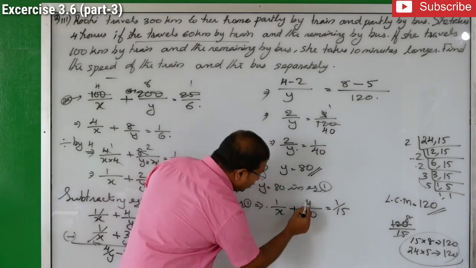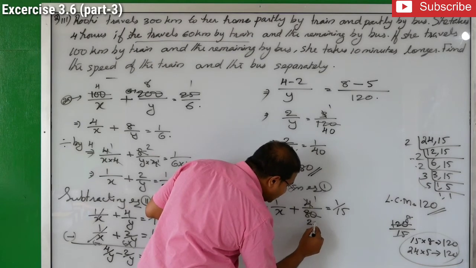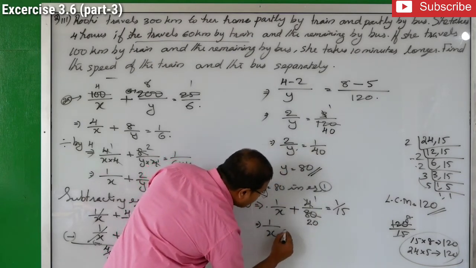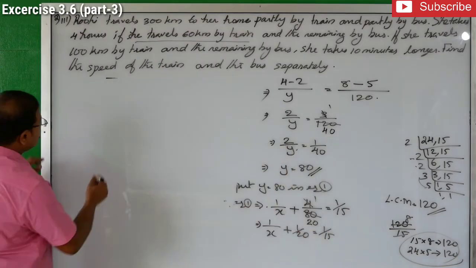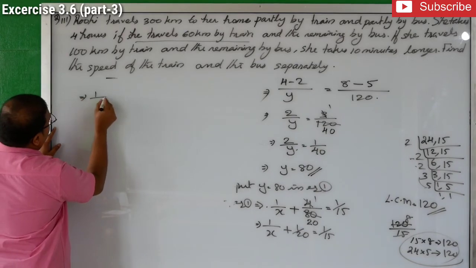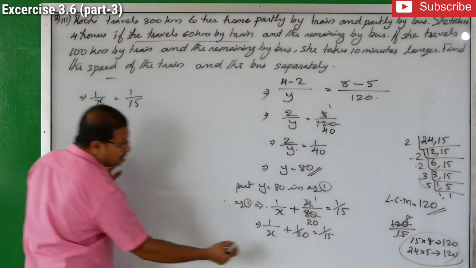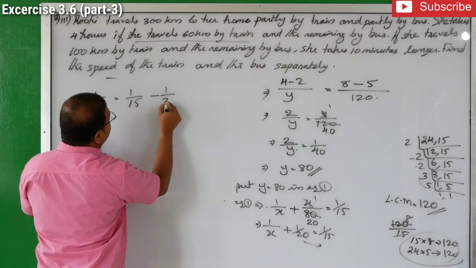Ready? Now we will cancel here by 4. 4 1s are 4, 4 20s are 80. That means this implies 1 by x plus 1 by 20 equals 1 by 15. That implies 1 by x equals 1 by 15, already on the right side. This 1 by 20 goes to the other side with minus. That means minus 1 by 20.